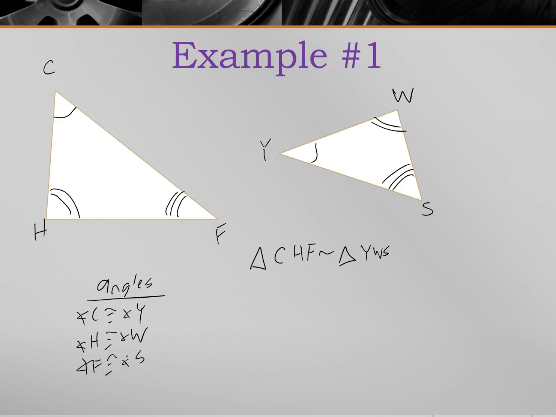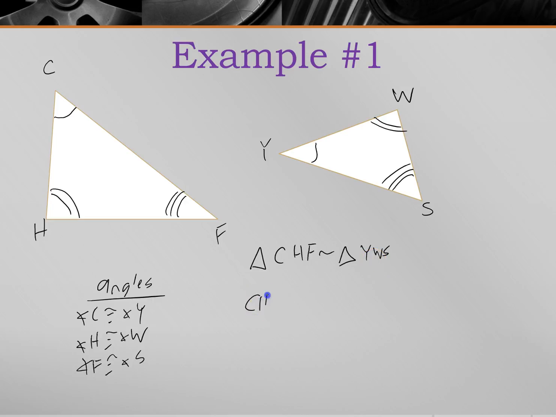So you don't want to try and match them up based off, okay, these two angles are both up top, or these two are both on the right side, that's why they're the same. You take a look at the similarity statement and see which ones in here cause me to actually have my congruent angles. From there, we want to now match up our different sides. So, again, we take a look at the statement. CH should match with YW.